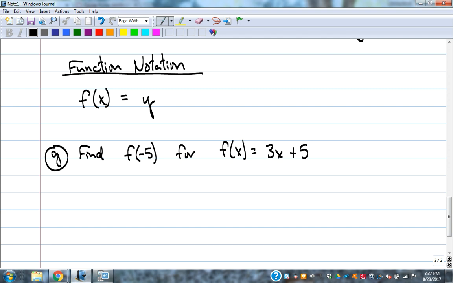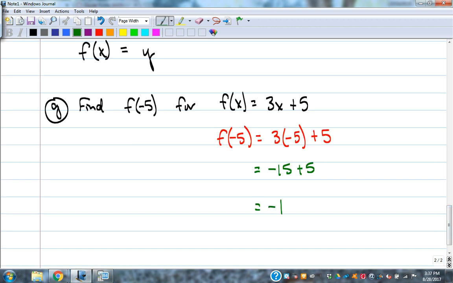That's a very descriptive notation. It's not just saying y is this, but where did that come from? This tells us that came from taking negative 5 and plugging it in for x and working from there. It'd be negative 15 plus 5, which would be negative 10. f of negative 5 is equal to negative 10.